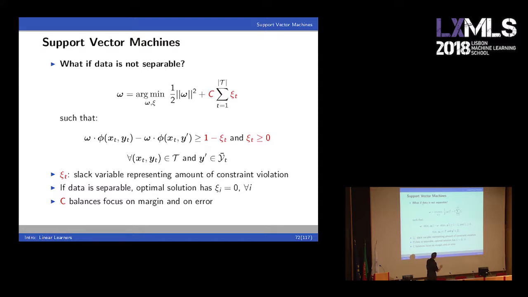So basically we have an objective that consists of two parts, an error term or loss term and a margin term. This scalar parameter C, this meta parameter, balances the focus on margin and on error. So which ranges of C focus on margin and which ranges focus on error?